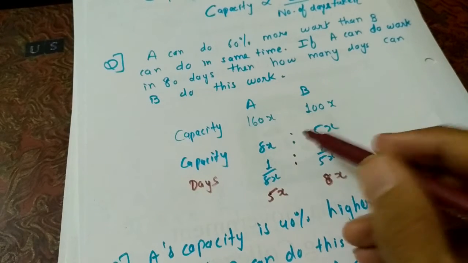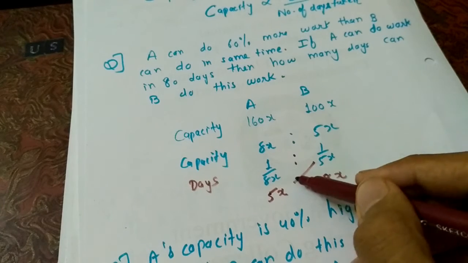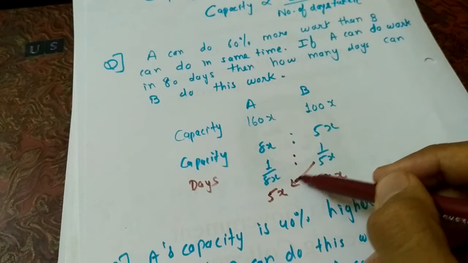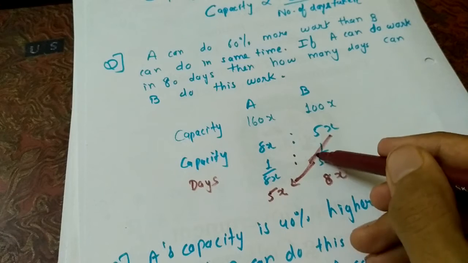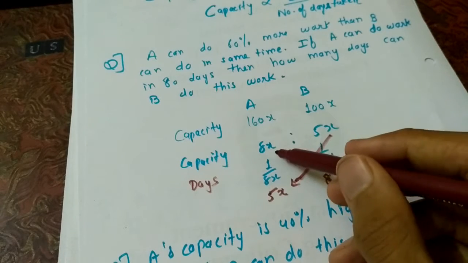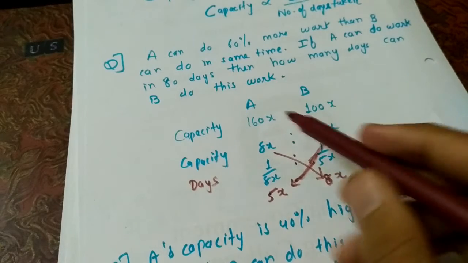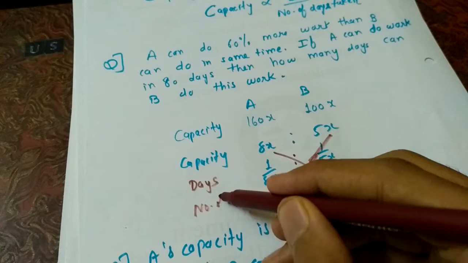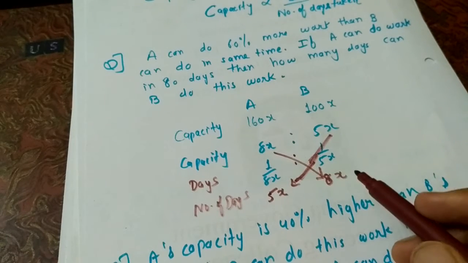So this is the trick: from this capacity, just arrive directly at days. I explained it to you; from the next problem we will directly arrive at the number of days from the capacity only. So these are the number of days which are not in proportion. So this is 5x is to 8x.